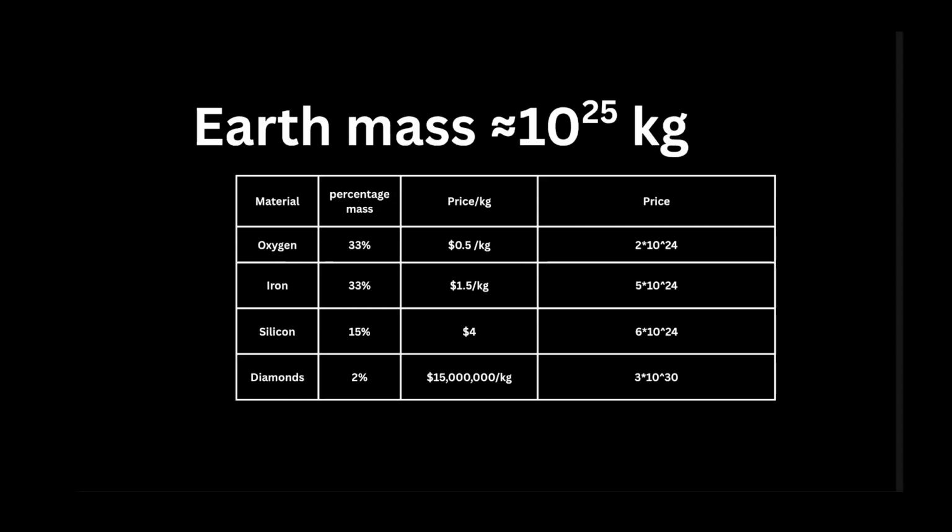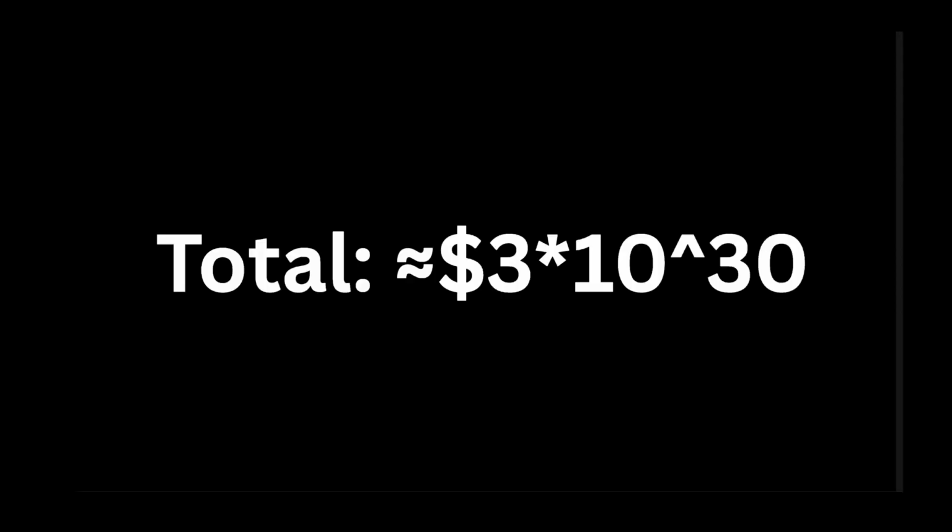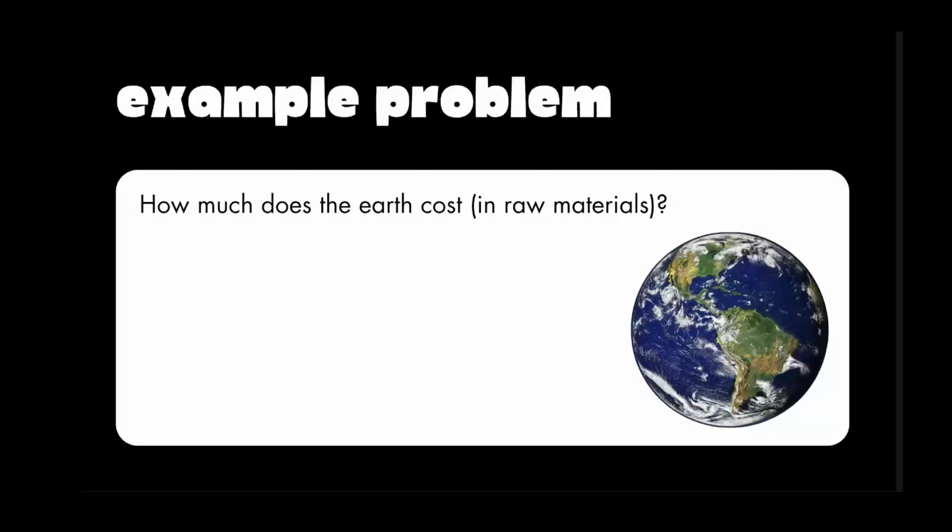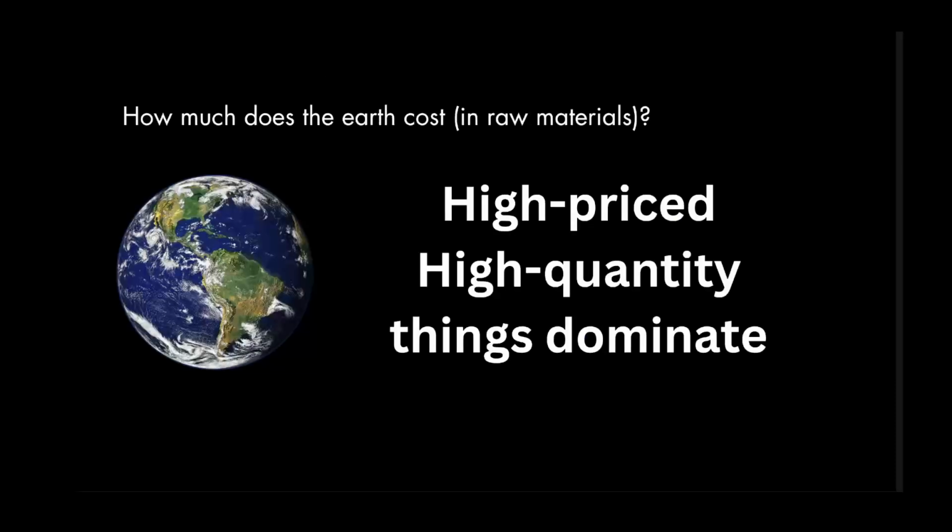So the total is about 3 times 10 to the 30, which is kind of ridiculous. And that's something that you wouldn't be able to solve if you were just trying to calculate every single item multiplying. Because all we need is an estimate, we can estimate it based on the tyranny of large numbers. So we managed to solve a seemingly impossible problem in barely any time.